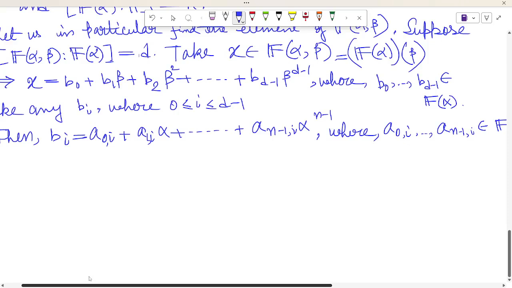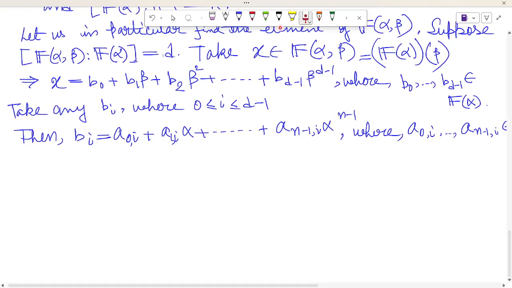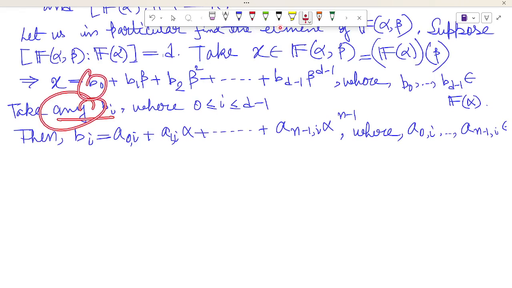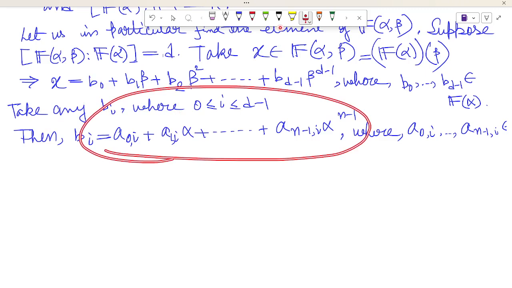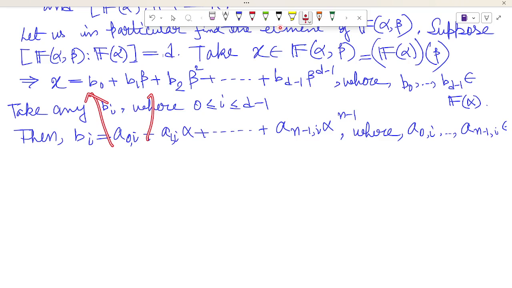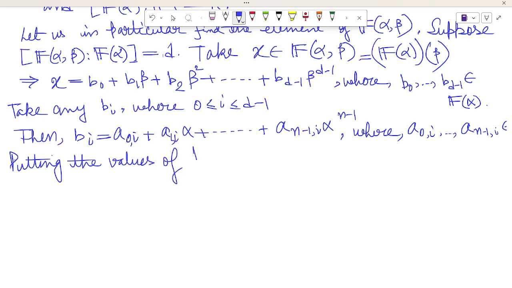So if I put the value of bi, it is for any bi. B0 is expressible in this form, b1 is expressible in this form, b2 is expressible in this form, b d minus 1 is also expressible in this form. So if we put the values of bi in the above expression, what would we get?